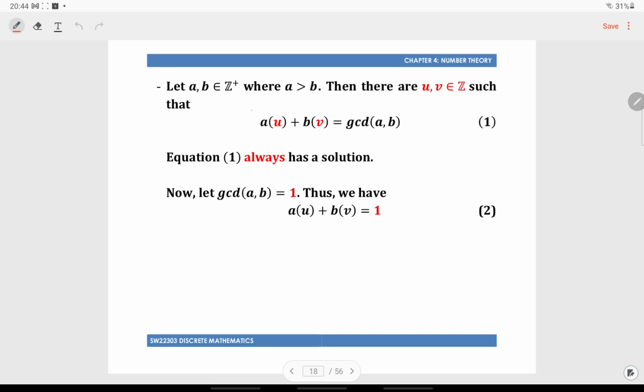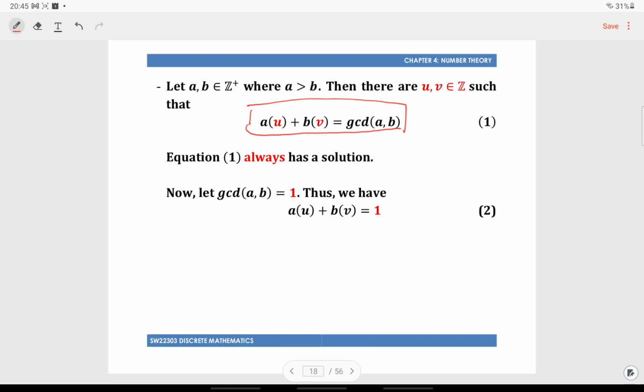This equation is always true for any positive integers a and b. So this equation always has a solution.